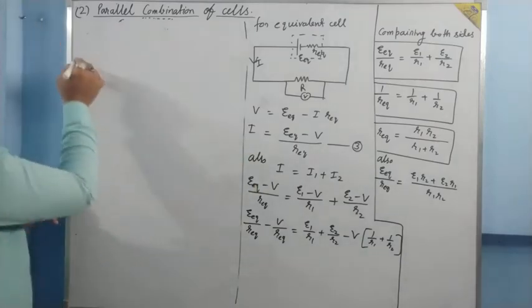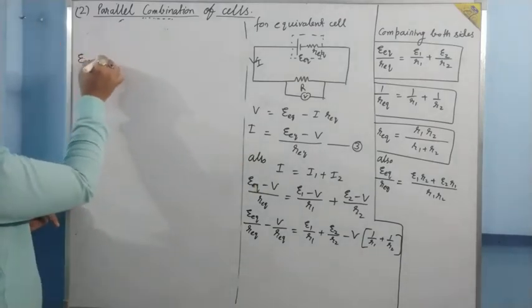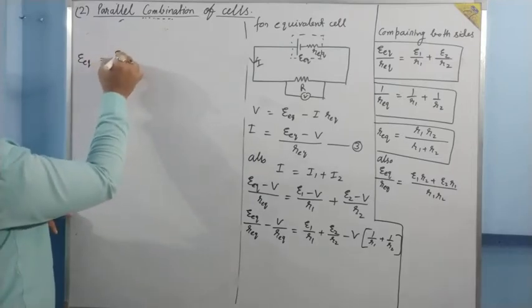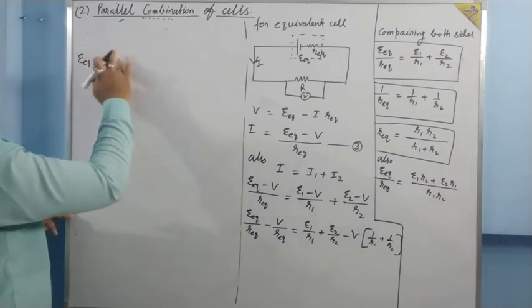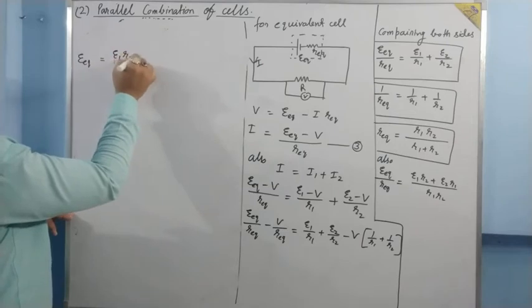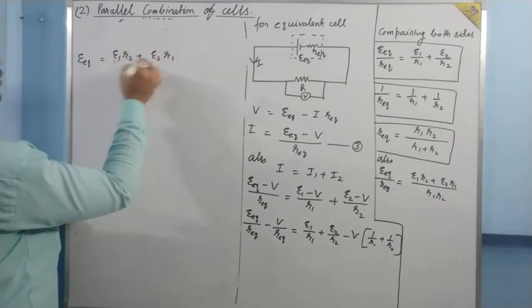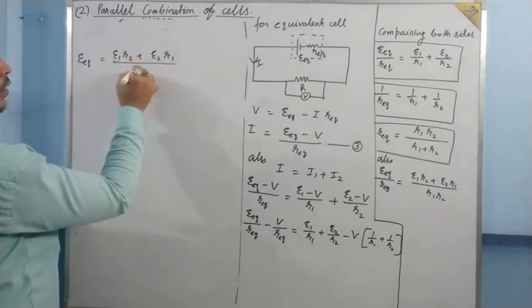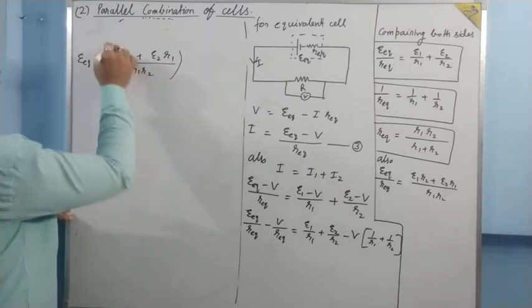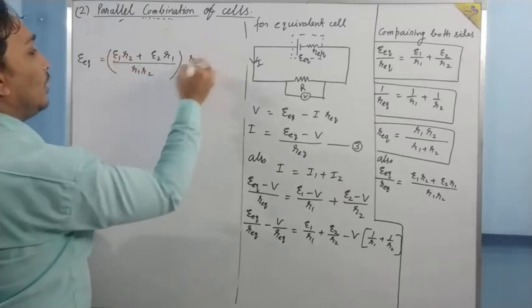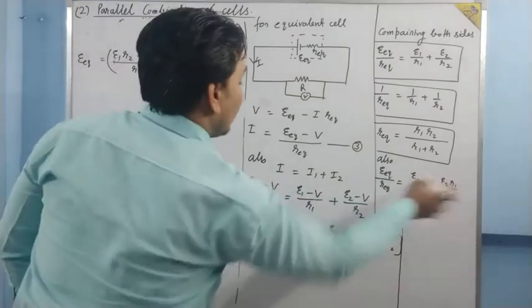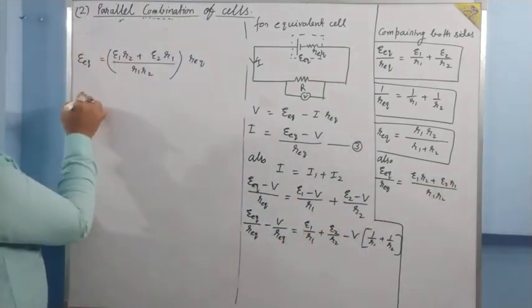Now from here, if we want to calculate the value of E equivalent, it will be E1 R2 plus E2 R1 upon R1 R2, whole multiplied with R equivalent. Basically this R equivalent is transferred to that side.